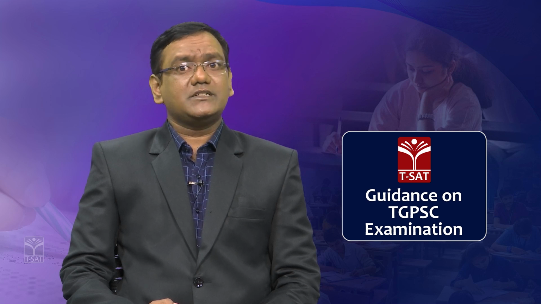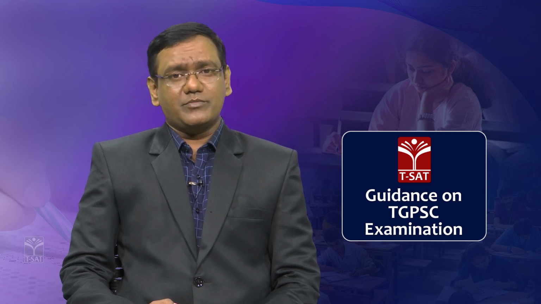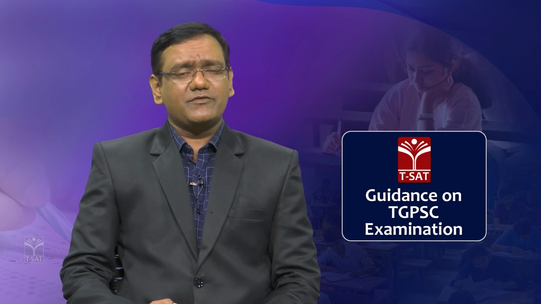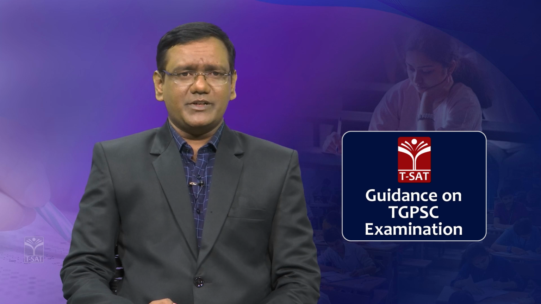And based on the altitude, we have learned about LEO, that is low Earth orbits, high Earth orbits, and MEO, that is medium Earth orbits.